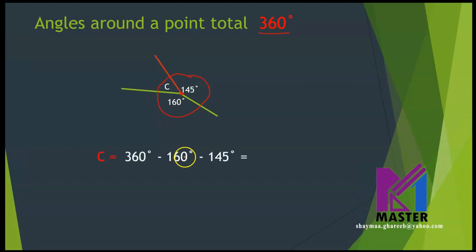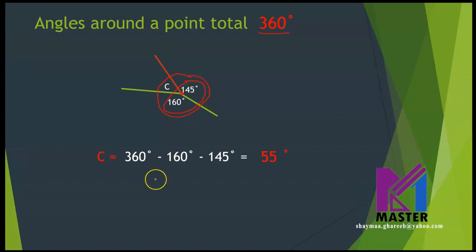I can subtract the 160 degrees from 360. Then I will subtract the 145. So the final answer will be 55 degrees. I can also add these two angles together. 160 plus 145 equals 305.